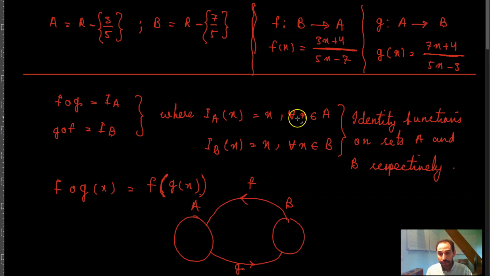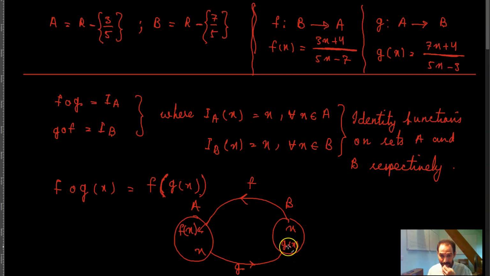So what that means is that if I have some x over here, then f gives me f of x over here, right? And if I have some x over here, g gives me g of x over here.